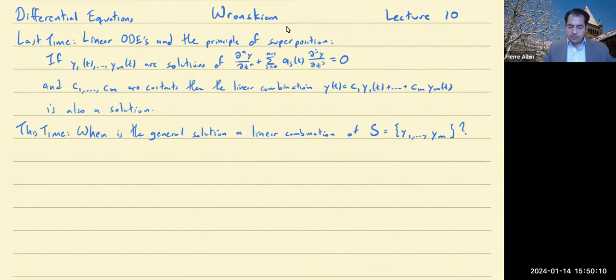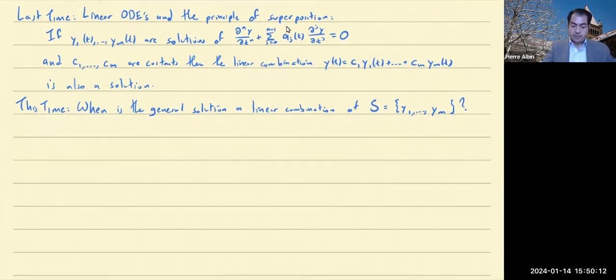The first thing to say is that if you're going to pick a set of solutions and then write every solution as a linear combination of them, then we want to be efficient in our set S of solutions, y1 of t to ym of t.